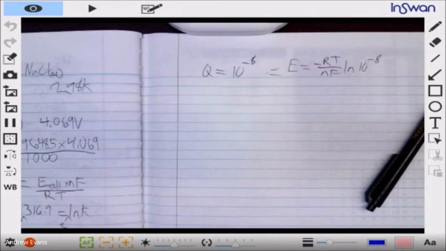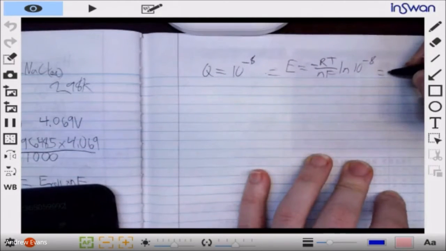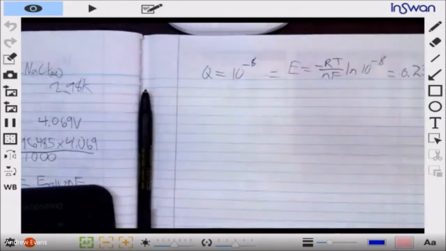And basically it doubles the voltage. It would be 0.236. So it's not much of a change, but we've still doubled the voltage.